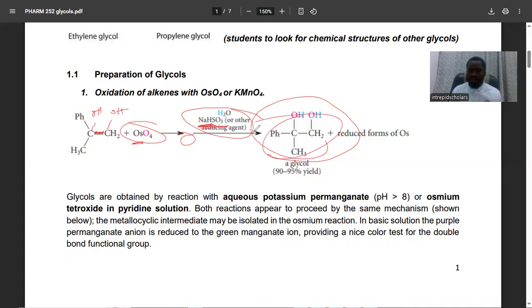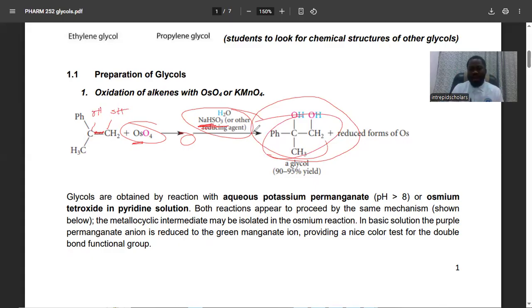Very simple. Now, if we read down, they are saying glycols are obtained by a reaction of aqueous potassium permanganate, and in brackets, pH greater than 8. I have to explain this. Now, KMnO4 is a very common reagent, a very powerful oxidizing agent, but it doesn't act alone.